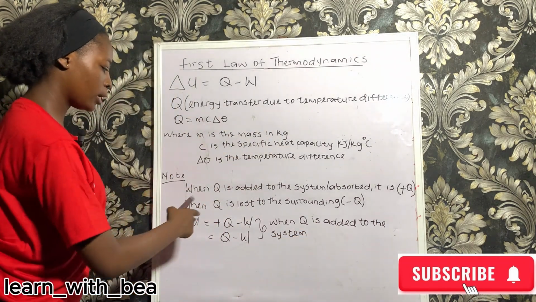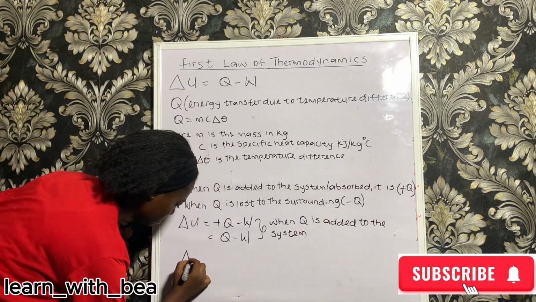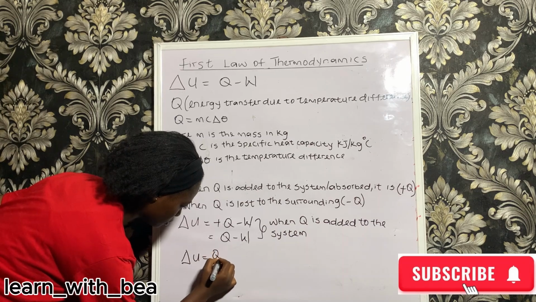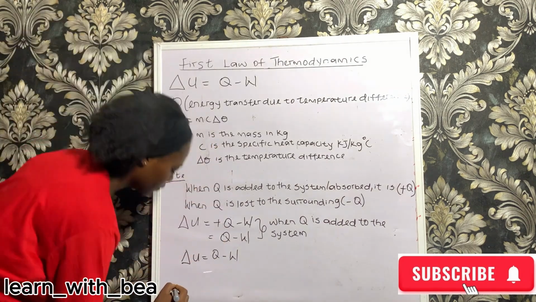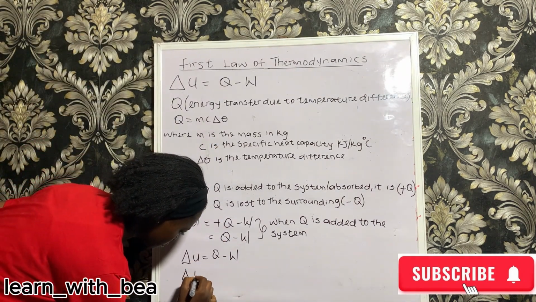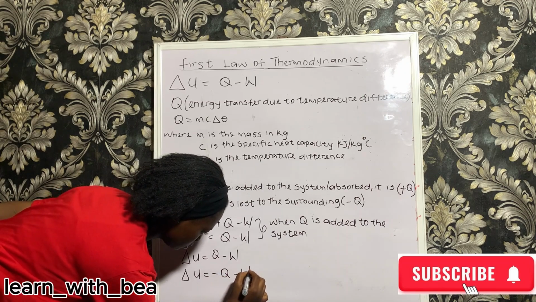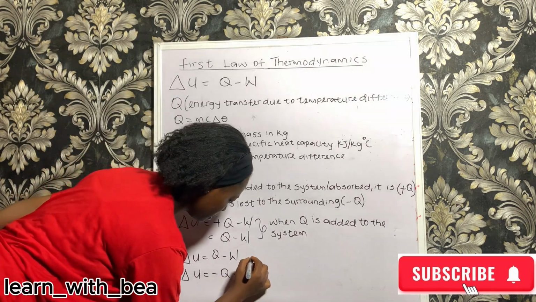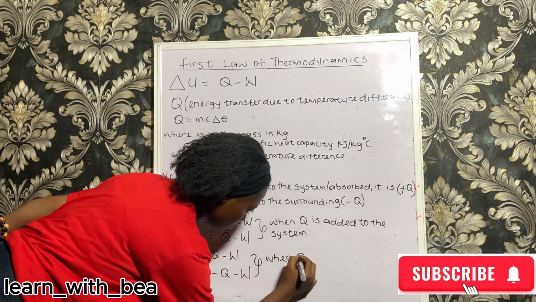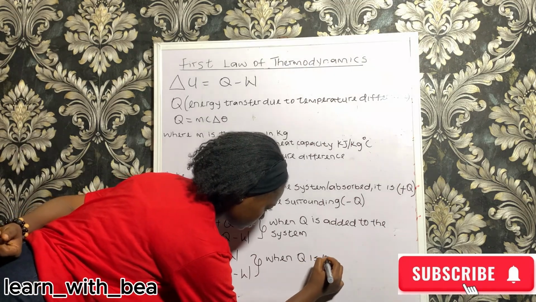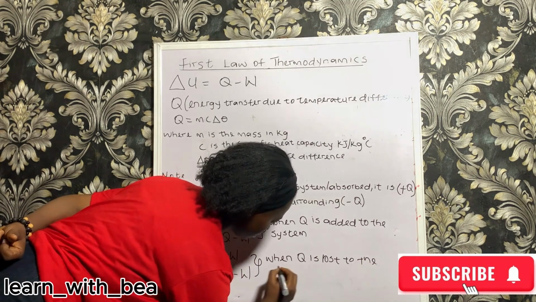But when Q is lost to the surroundings, the normal formula is delta U equals Q minus W, but now we have the minus Q, so that will be minus Q minus W. This is when Q is lost to the surroundings.